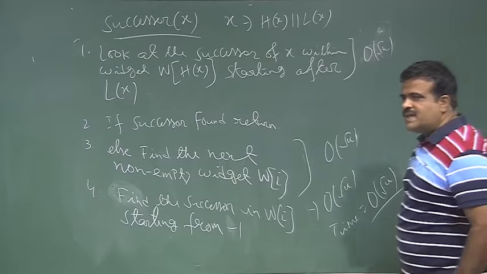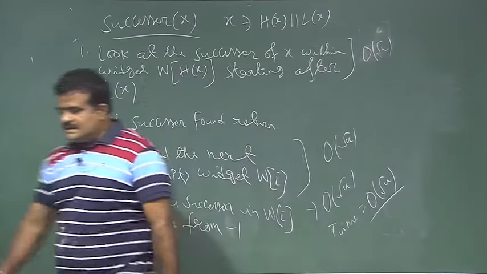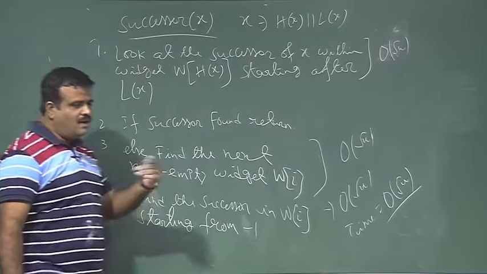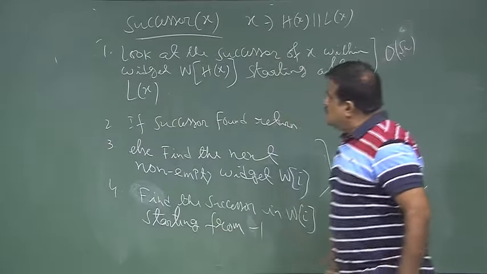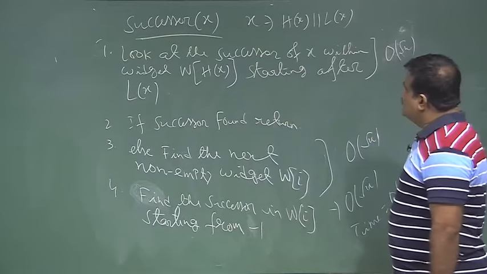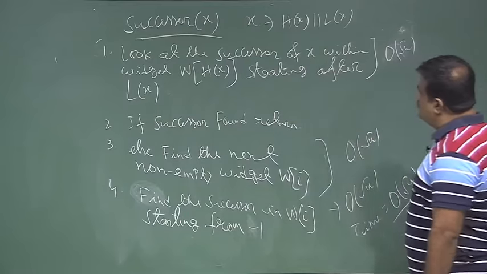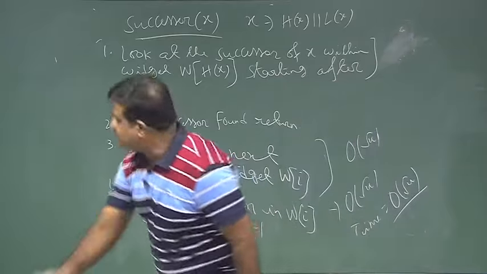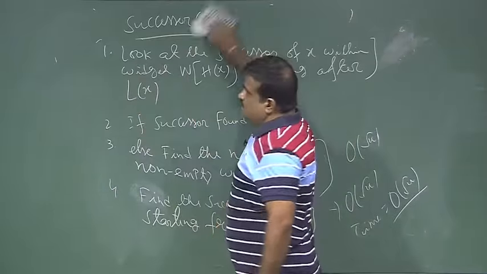For doing that we need to get a recurrence relation. So, how can this algorithm be thought of as a recursive call? Can you think of these steps as recursive calls?